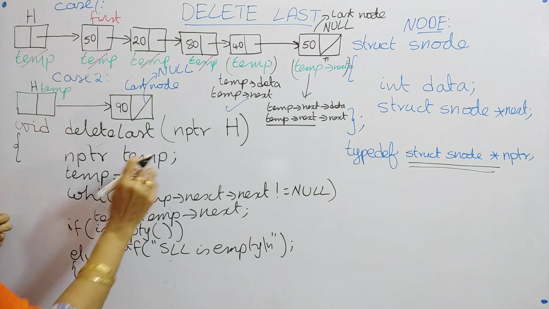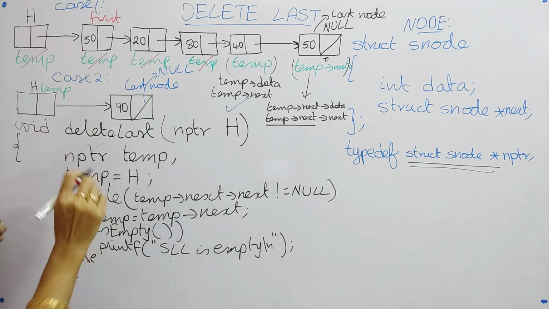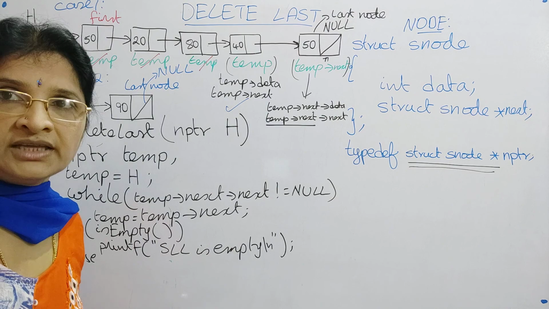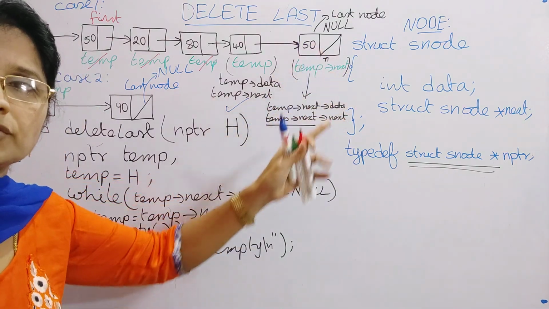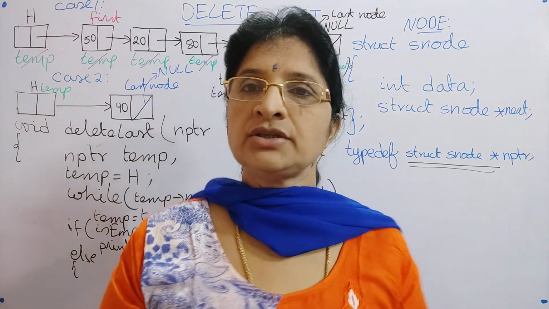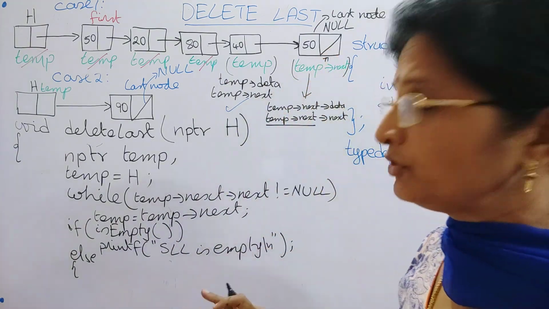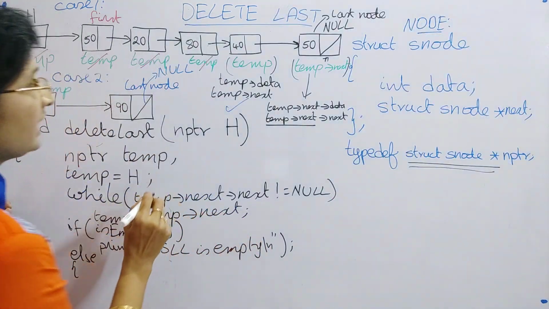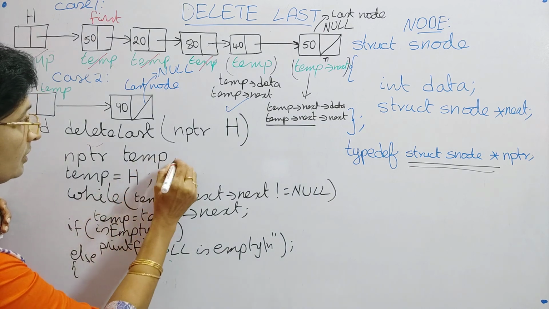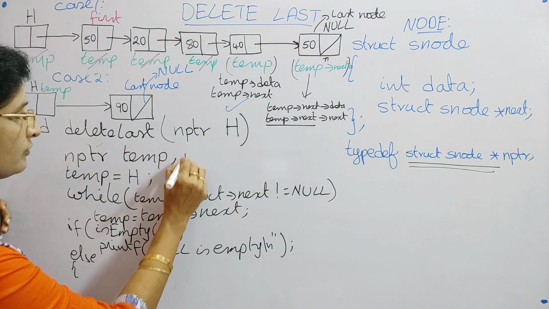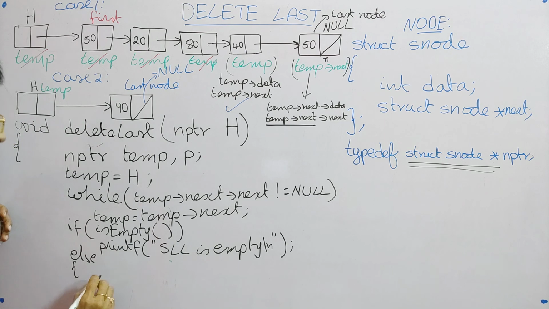So for that, if you want to free the memory that has been allocated to this node, what you have to do is free the memory. For that you can use one more variable, p.